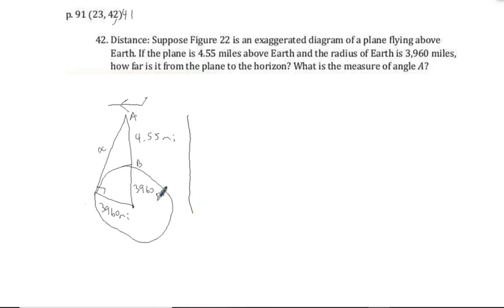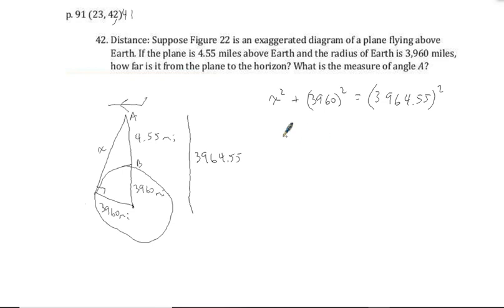But let's go ahead and add these two portions together to get the length of the side from A to the center of the Earth, which is 3,964.55 miles long. So we're going to have x squared plus 3,960 squared equals 3,964.55 squared.